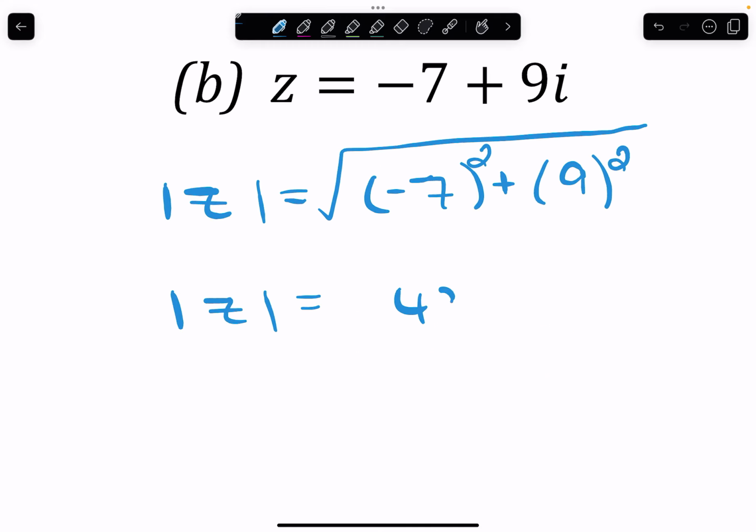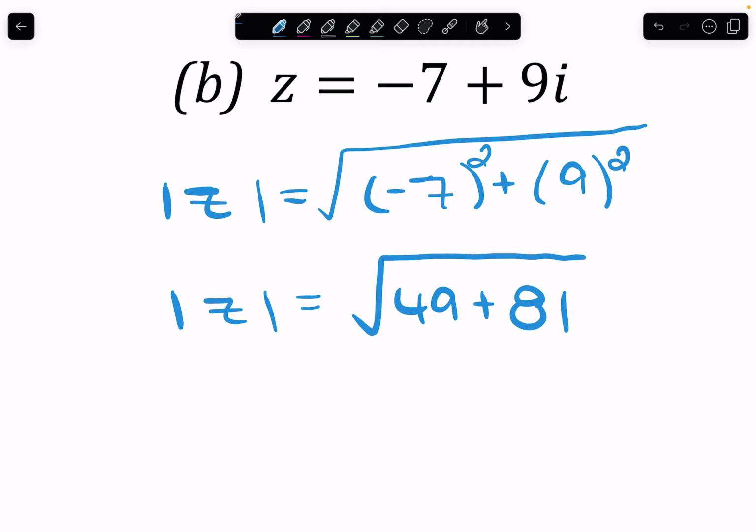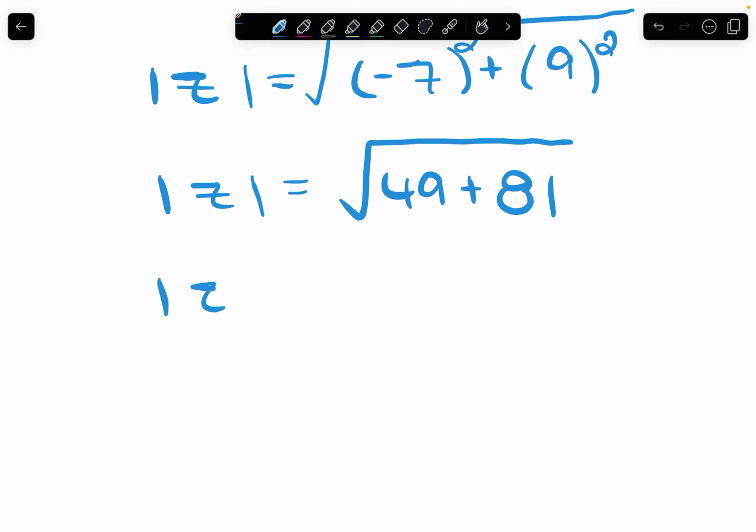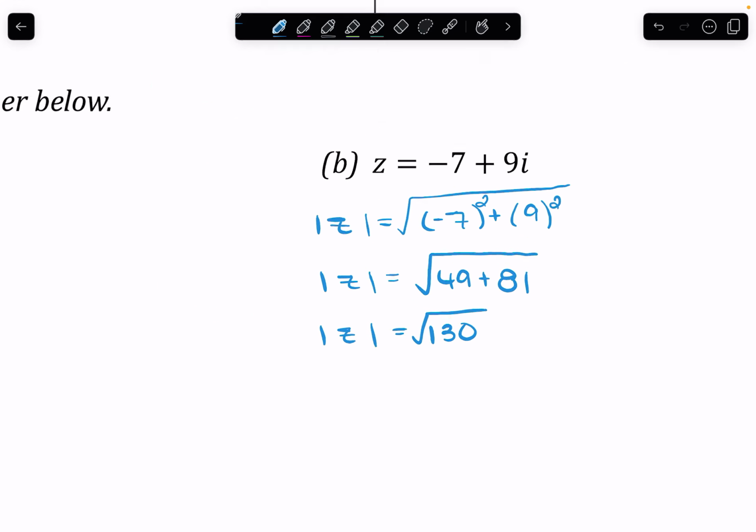So we get 49 plus 81 under a square root. So the absolute value of z is the square root of 130, which if we try to reduce, it does not reduce, so we would leave it as is.